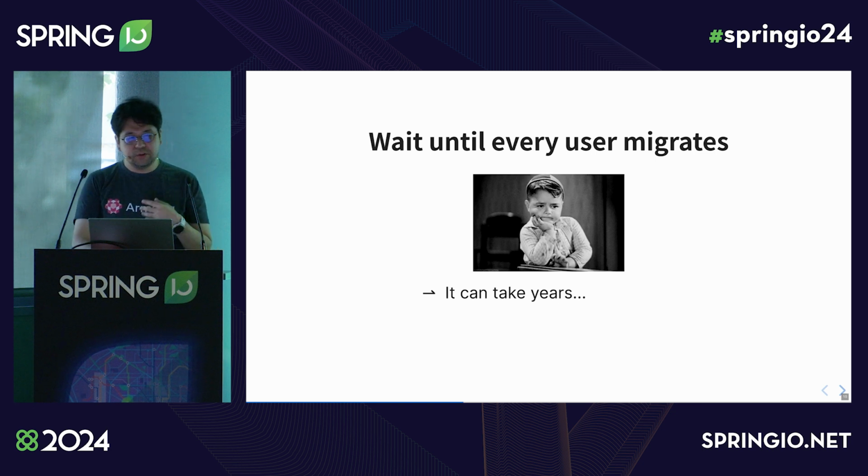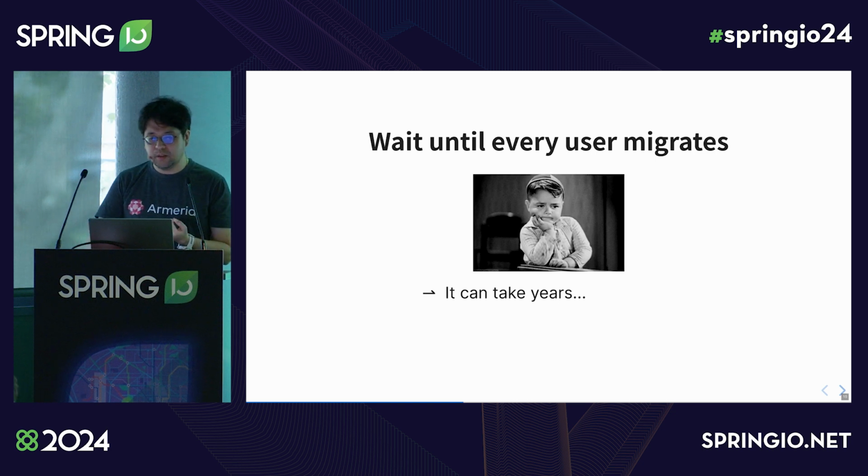So if everything goes well, the migration will be complete at some point, right? But if your API surface is not small, the whole migration process can take a lot more than just a few weeks. It can take years until all your customers migrate away from your old endpoint.